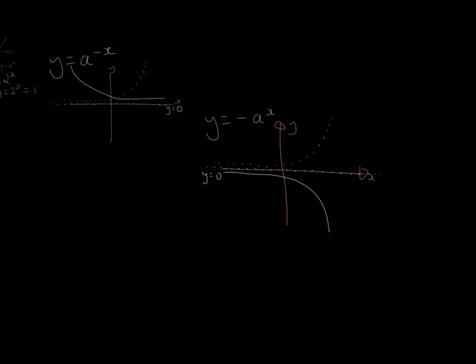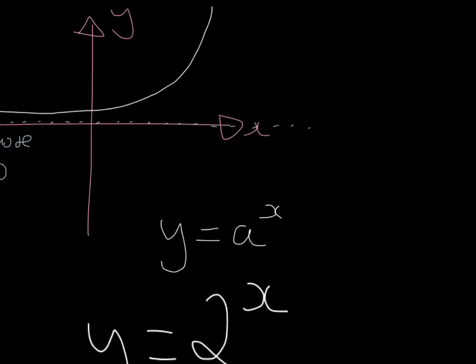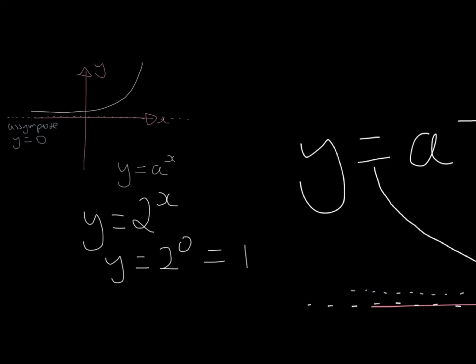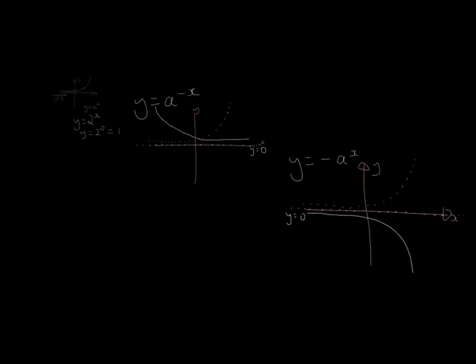If I reflect it about the x-axis here, there's a negative in front of the a, and it's a mirror image around the x-axis. That's the original basic shape, and these are our two reflected shapes, and we'll compare all of them like so.